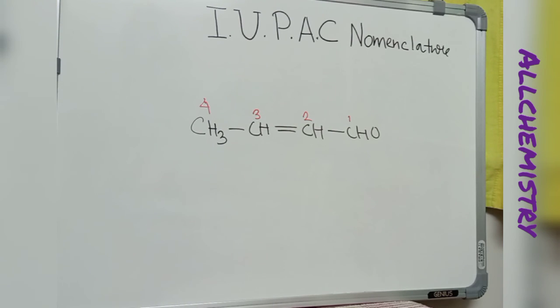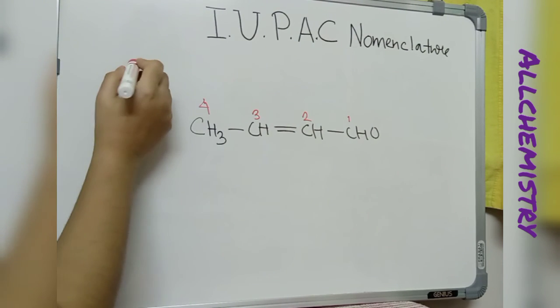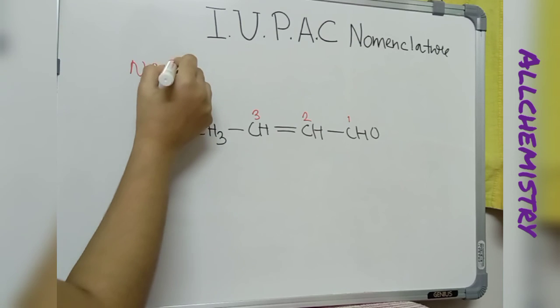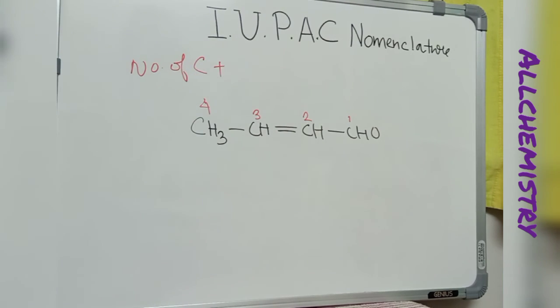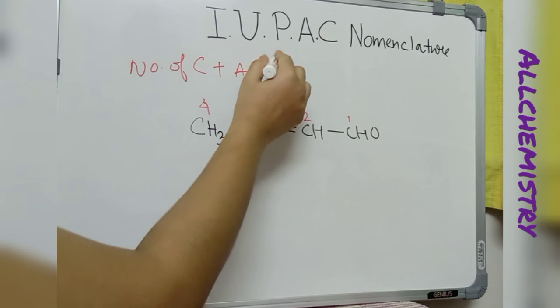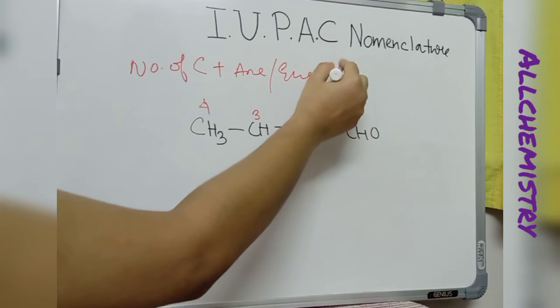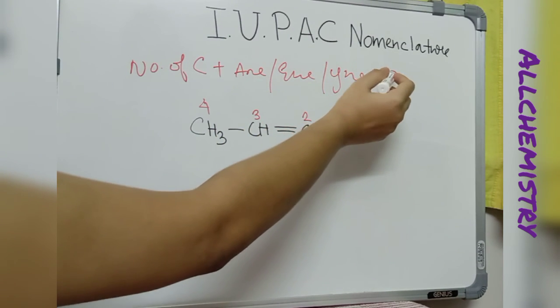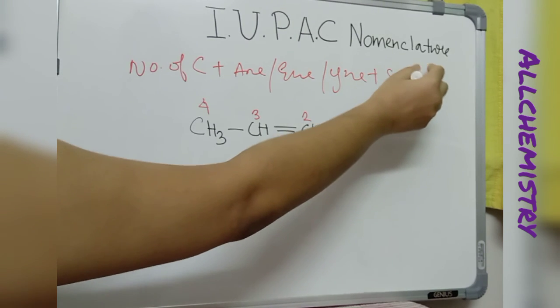So we will start with the number of carbons in the chain. Our rule here is the number of carbons in terms of meth, eth, prop, but. Then we will put the number at which the double bond is present, which means we have to add an, en or yne. Then we have to add the suffix of the main group.